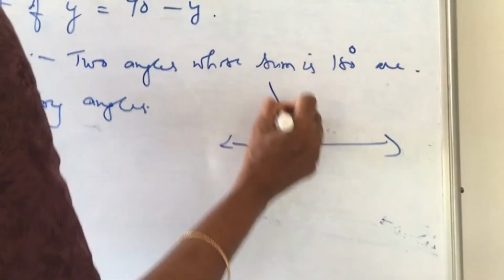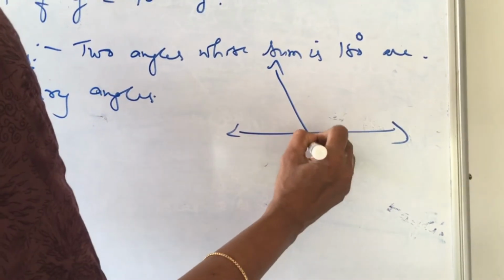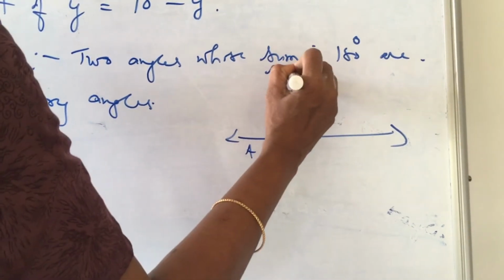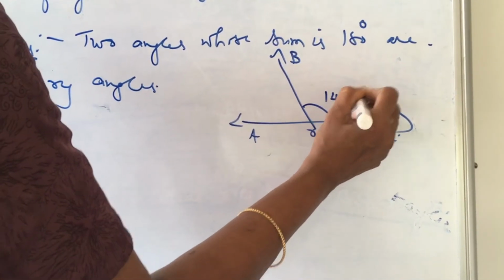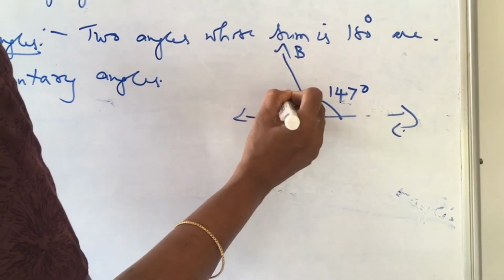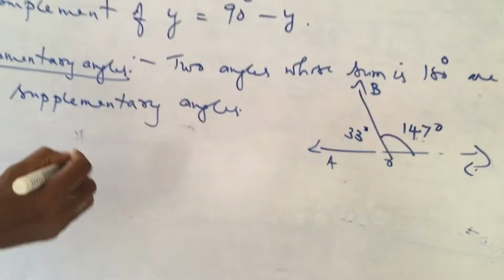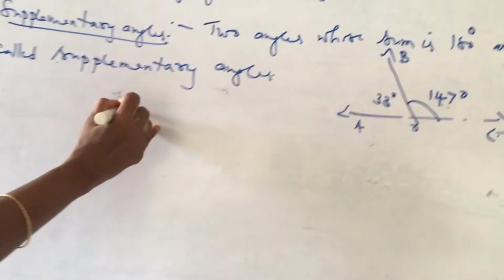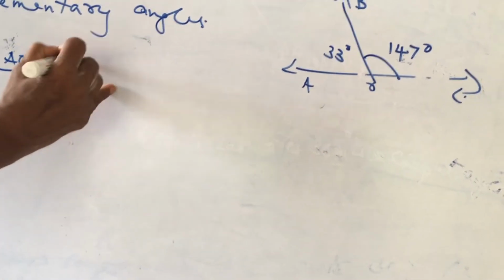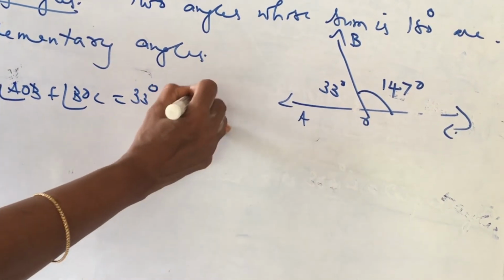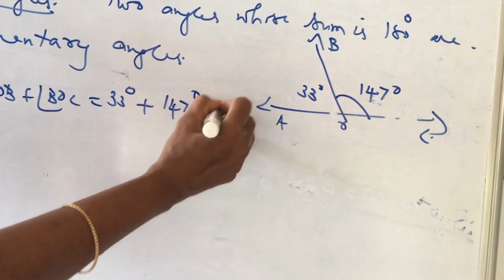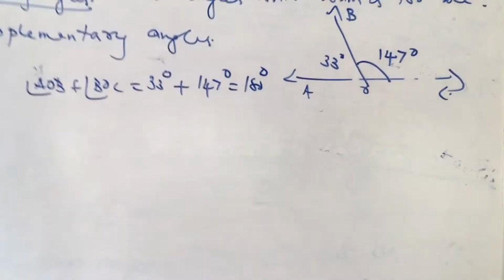You have two angles, children. Angle AOB, angle BOC. Angle AOB plus angle BOC is equal to 33 plus 147, that is equal to 180 degrees.